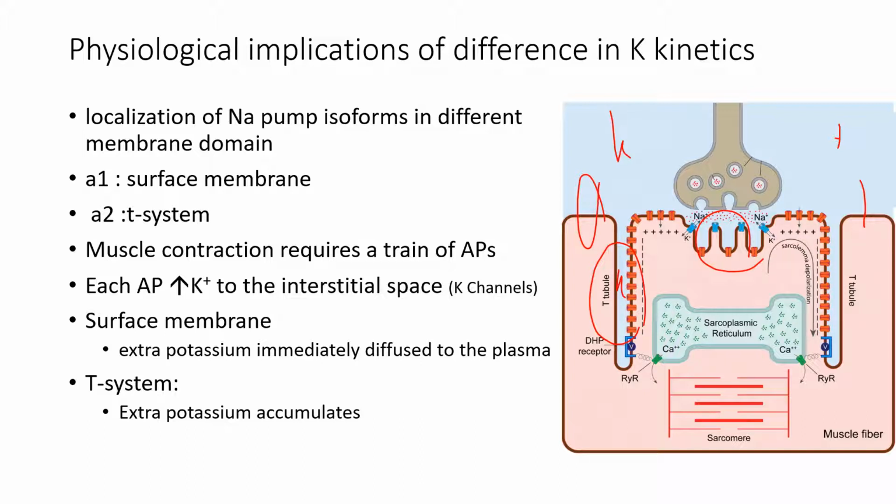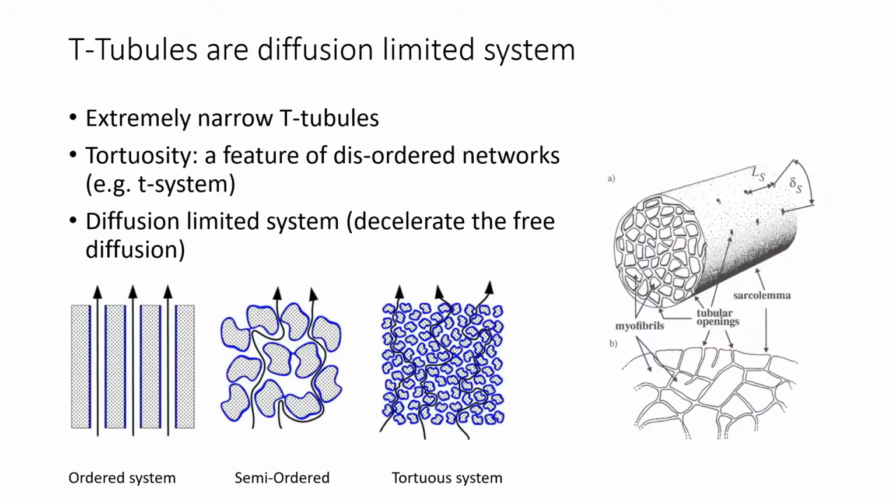So at the surface membrane, this extra potassium immediately diffuses to the plasma space. But in the T system, the extra potassium cannot diffuse and it accumulates. So why is the T-tubular system a diffusion-limited system?